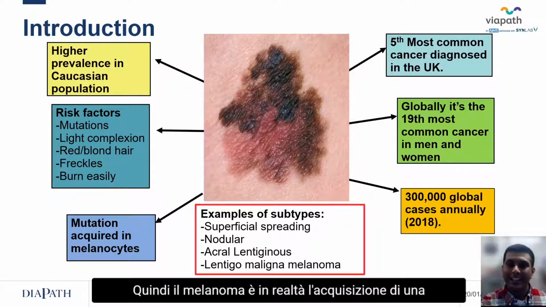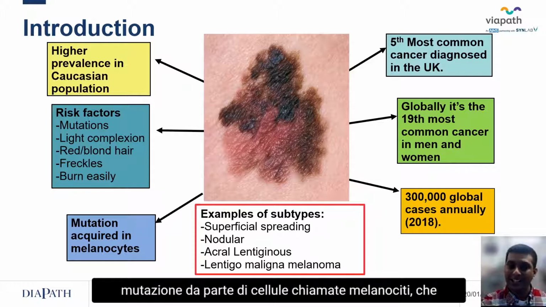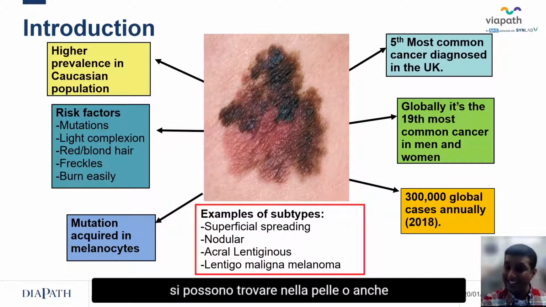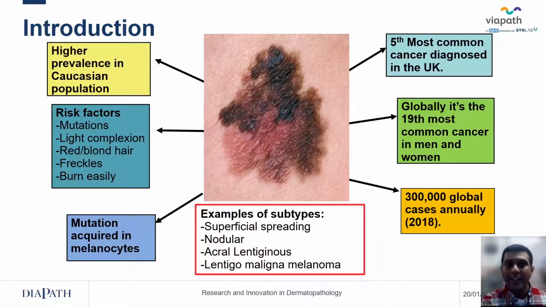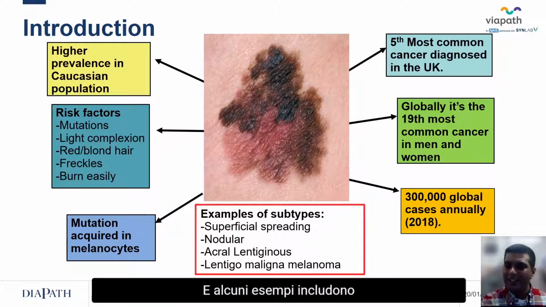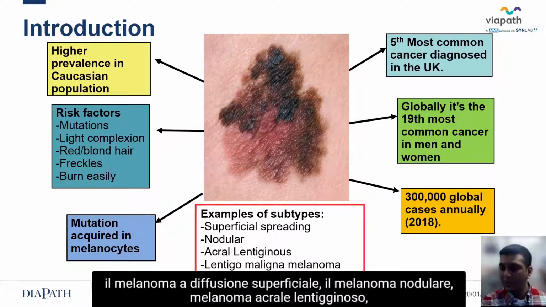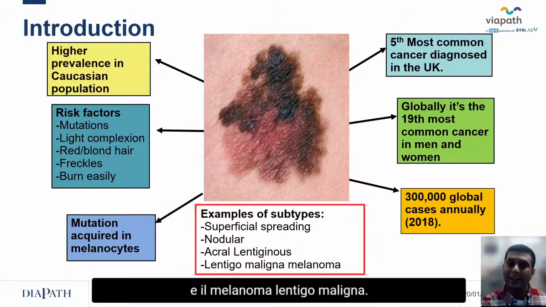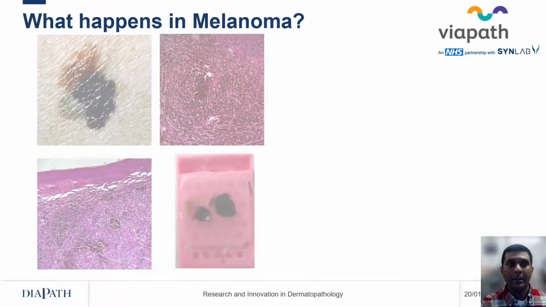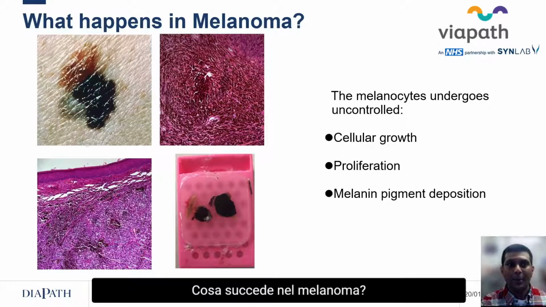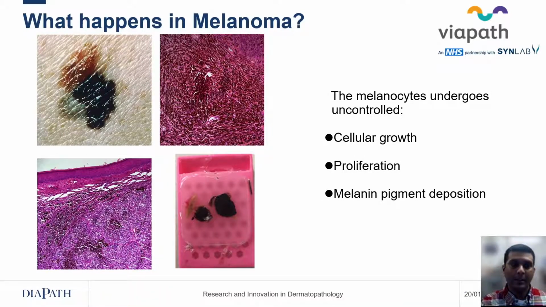So melanoma is actually the acquisition of a mutation in cells referred to as melanocytes, which can be found in the skin or even in pigment-producing cells of the eyes. Some examples of this include superficial spreading melanoma, nodular melanoma, acral-lentiginous melanoma, and lentigo maligna melanoma.